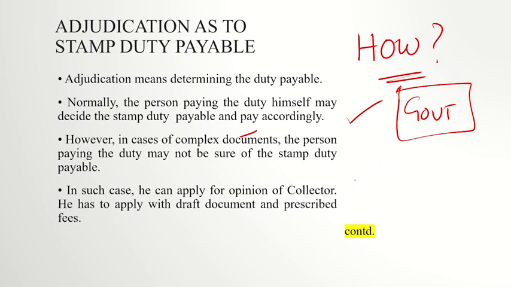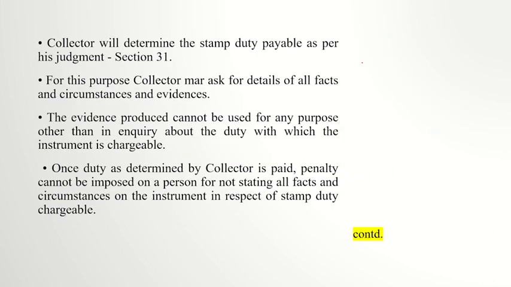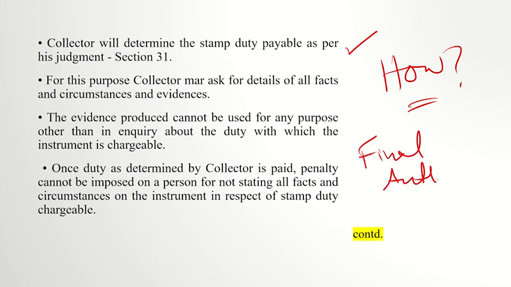So we have to make sure about how much the stamp duty is payable, and the opinion of the collector is the right one. So the collector will determine how much is the stamp duty when we come to adjudication. So the collector is the person who is having the final authority about the amount of stamp duty.